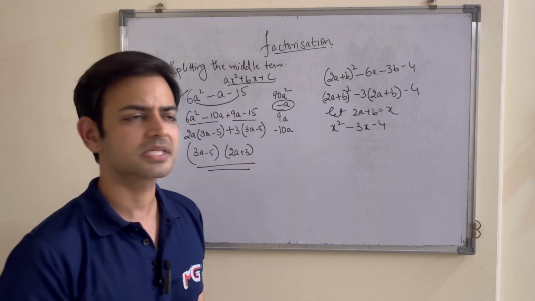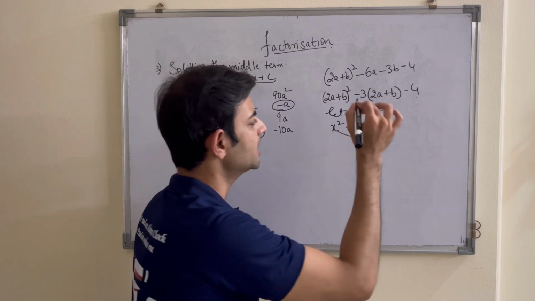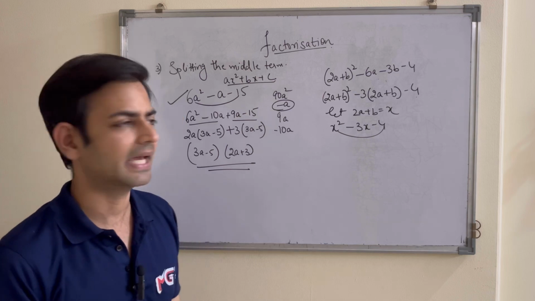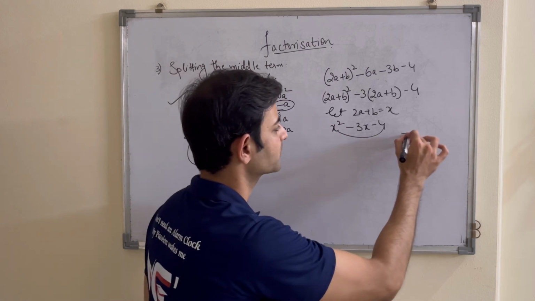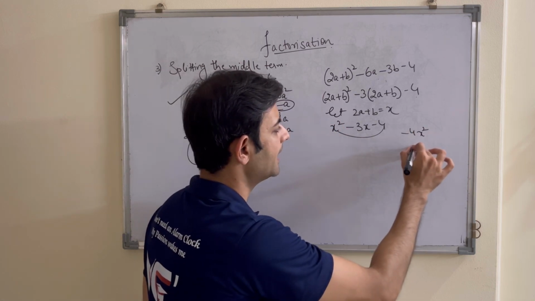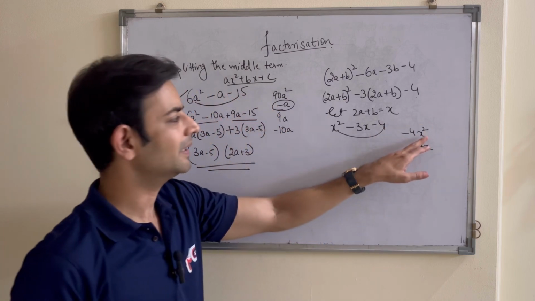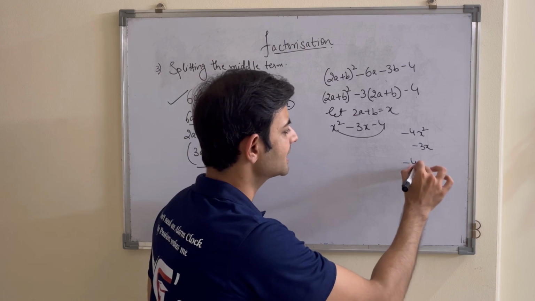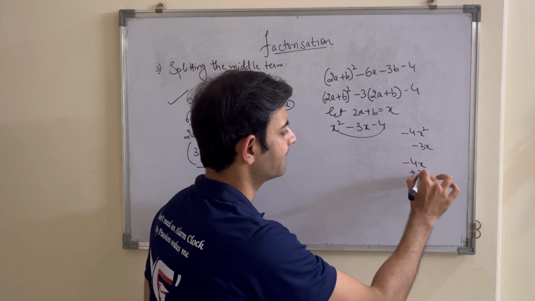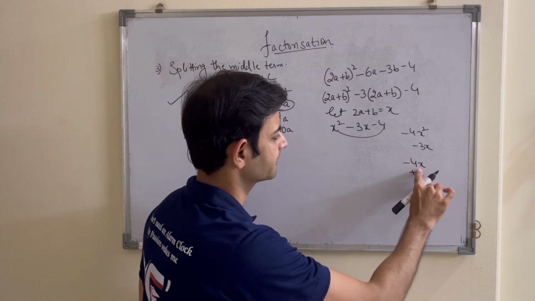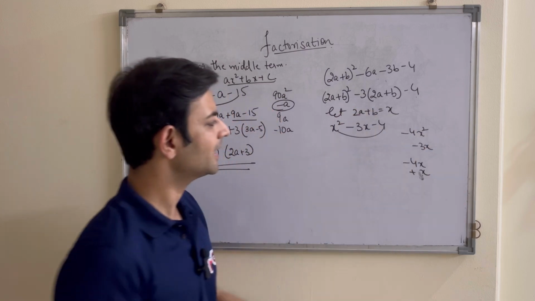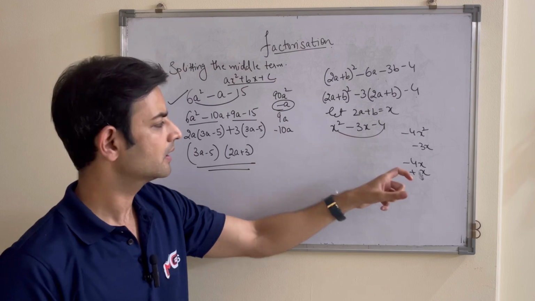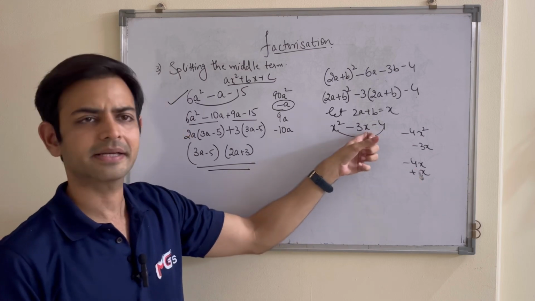Now we need two numbers such that on multiplication I should get minus 4x square, and on addition I should get minus 3x. So if I take minus 4x plus x, now see here, minus 4 into x will be minus 4x square, and minus 4 plus 1 will give you minus 3x.